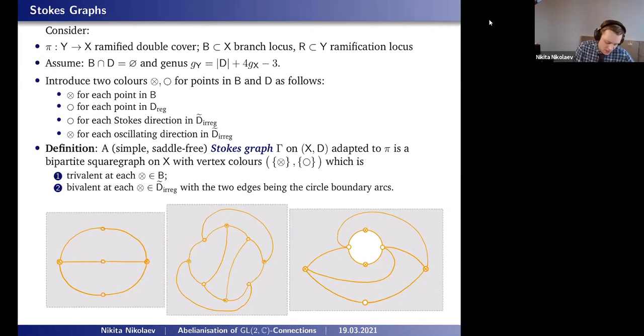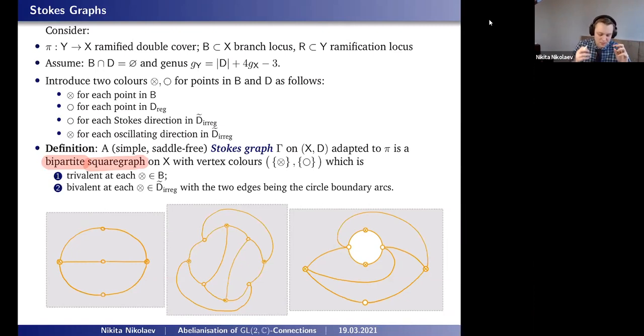So maybe a couple of things I need to explain. Bipartite just means that all the edges go from one color to another, never connecting points of the same color. And square graph means that all the faces are quadrilaterals. So they have 4 edges and 4 vertices in the boundary.